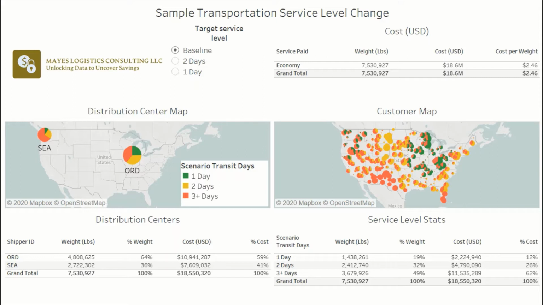Today, I'm going to be talking about how you can use simulation models to evaluate a hypothetical delivery service level change in your distribution network. Right after this.